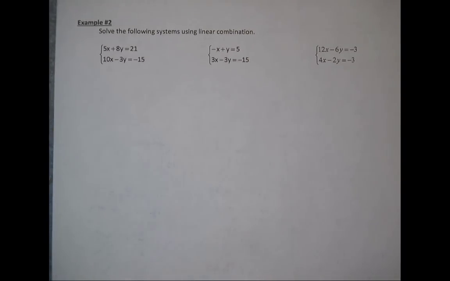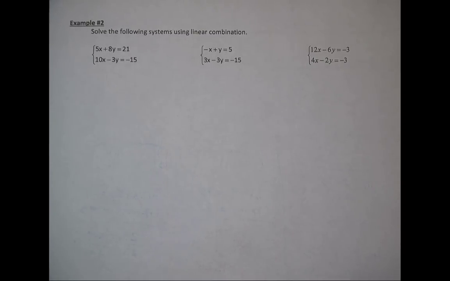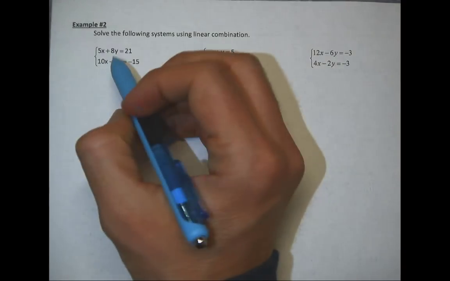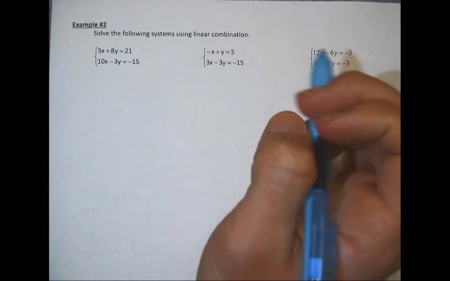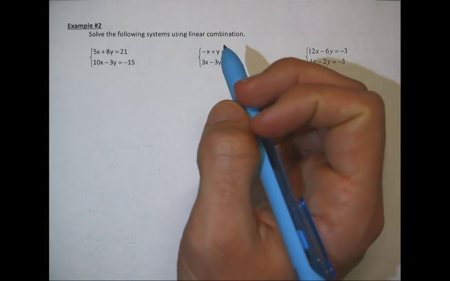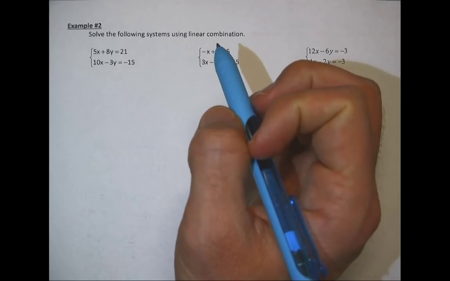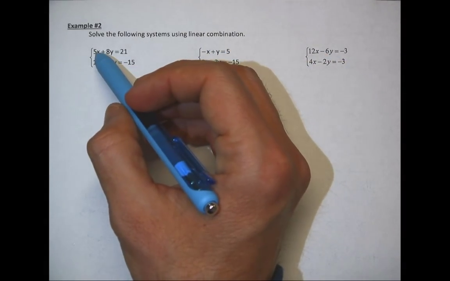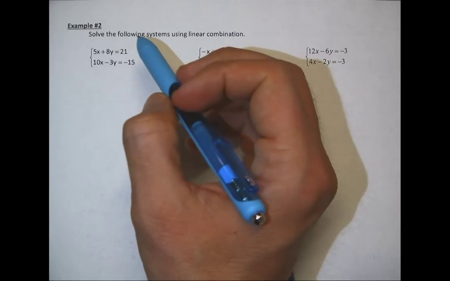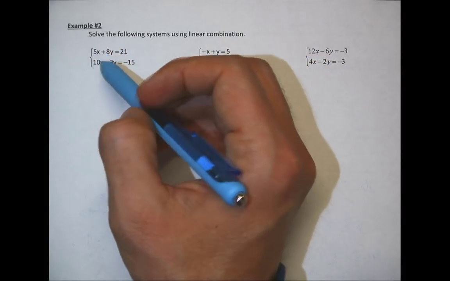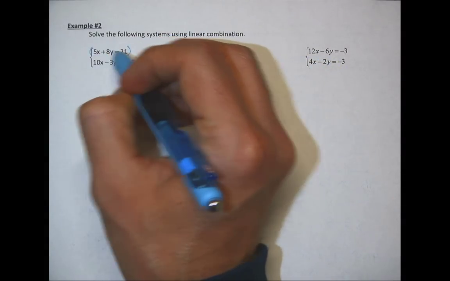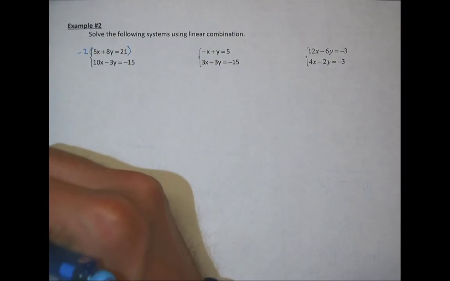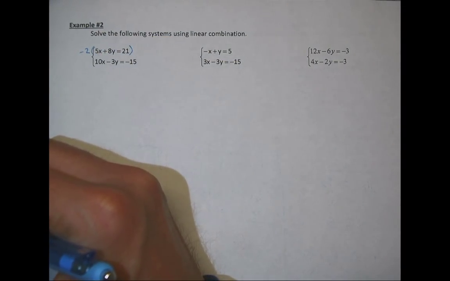So if you flip it over, this first one is that kind of example I was just talking about. So if you look at these, we don't have anything matching. We don't have anything that even if we multiply by negative 1 is going to cancel. But I can turn a 5 into a 10 very easily. And I don't just need a 10, I need a negative 10. So I can multiply this first equation by negative 2, and I will create something that's going to cancel.